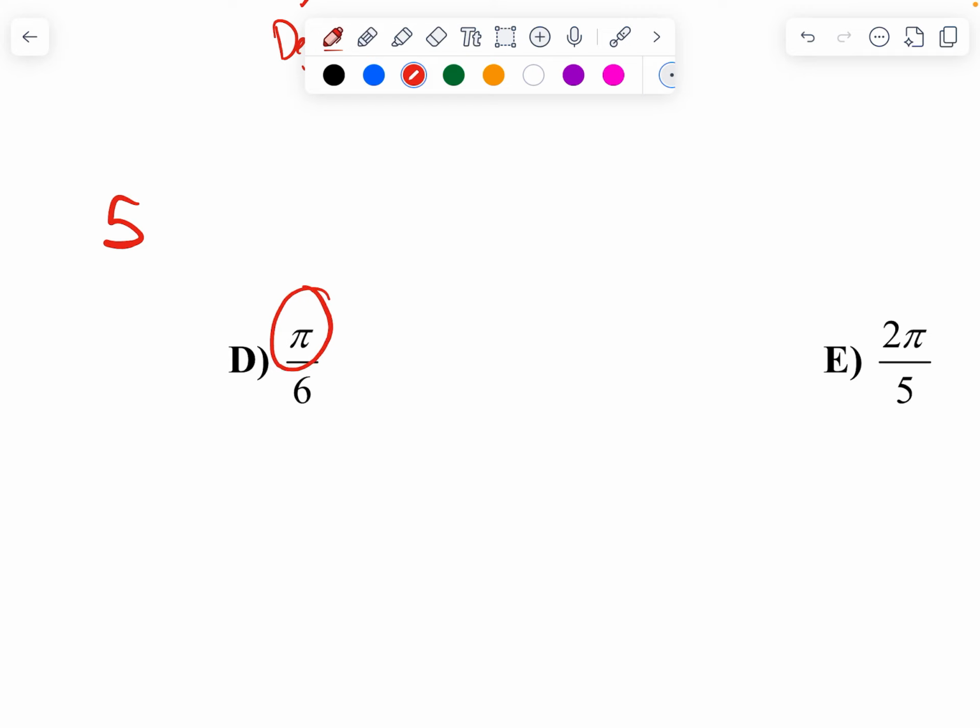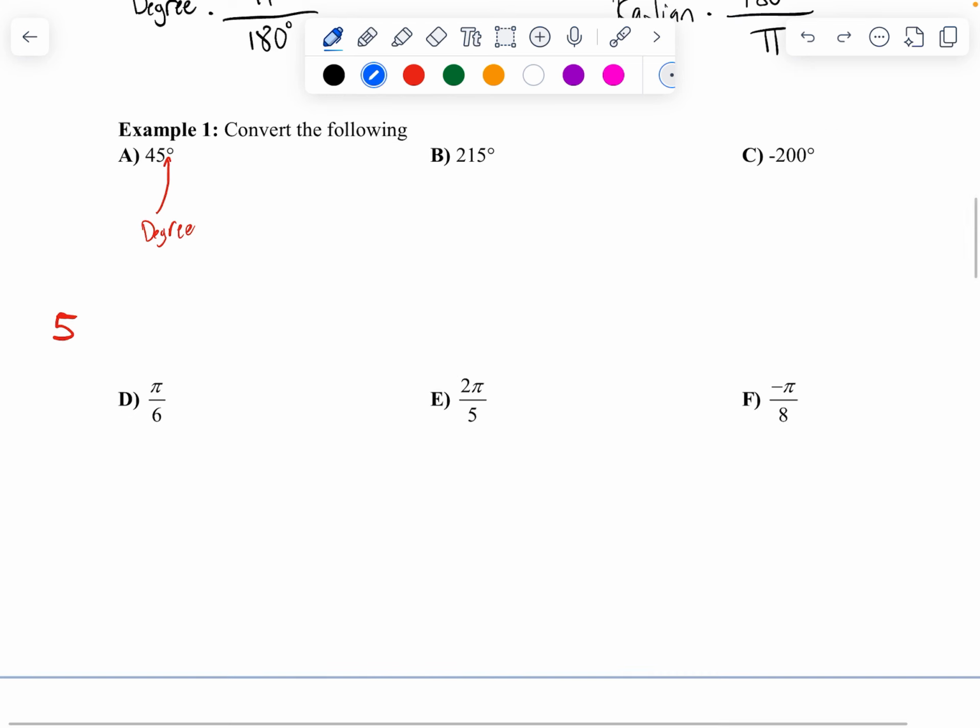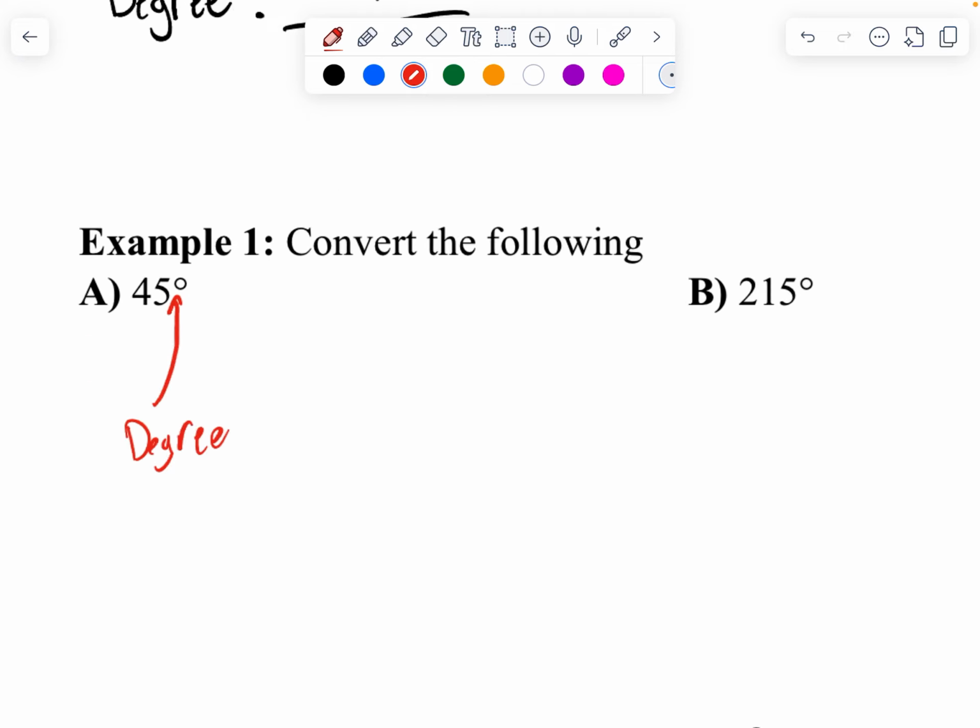The pi does not have to be there for it to be a radian. 5 on its own is considered a radian value, unless you have the degree symbol, in which case it's now a degree. So you know if something's in degrees or radians by whether it has the degree symbol. If there is no degree symbol, then fun fact, you're looking at a radian, whether it has a pi on it or not. So do keep that in mind.